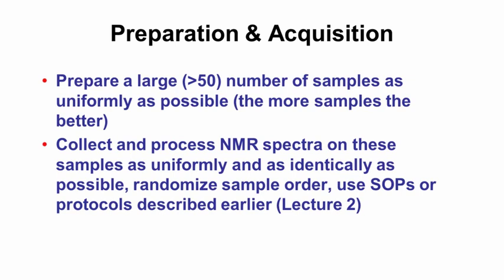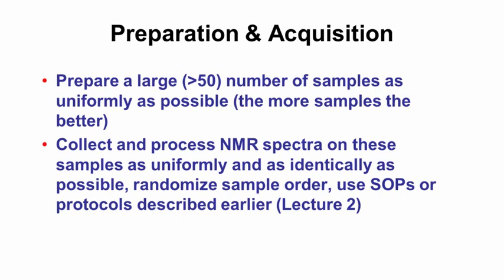What you also have to do with statistical spectroscopy is be very, very careful about how you collect and process the NMR spectra, often much more so than you do with deconvolution methods. You want to make sure that samples are prepared as uniformly as possible, as identically as possible. Also, to prevent any bias, you want to randomize the sample order.